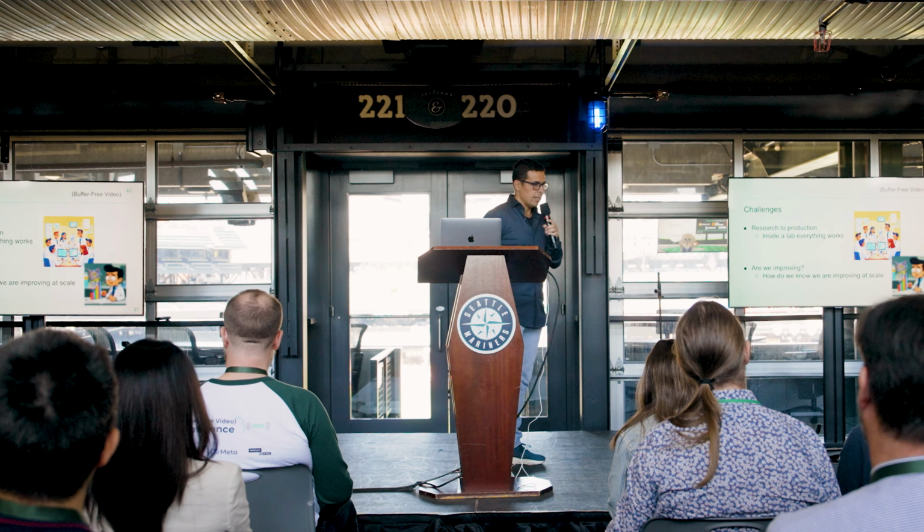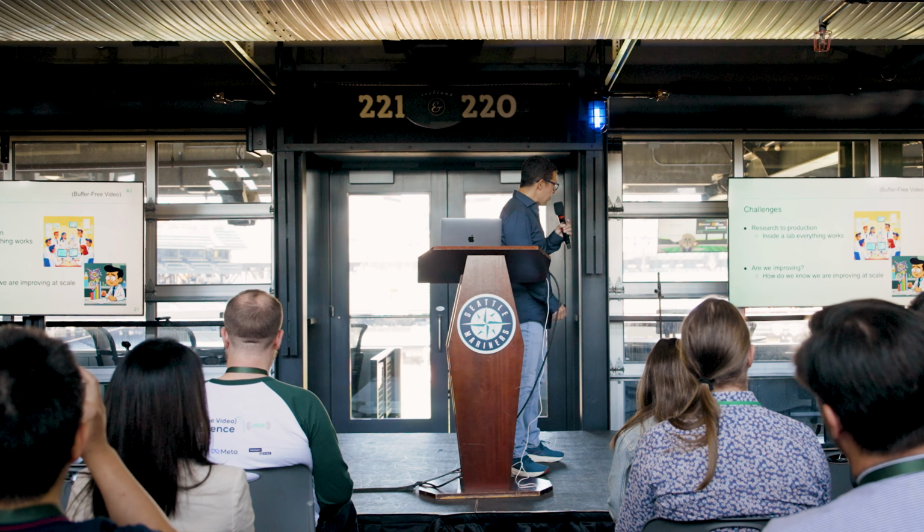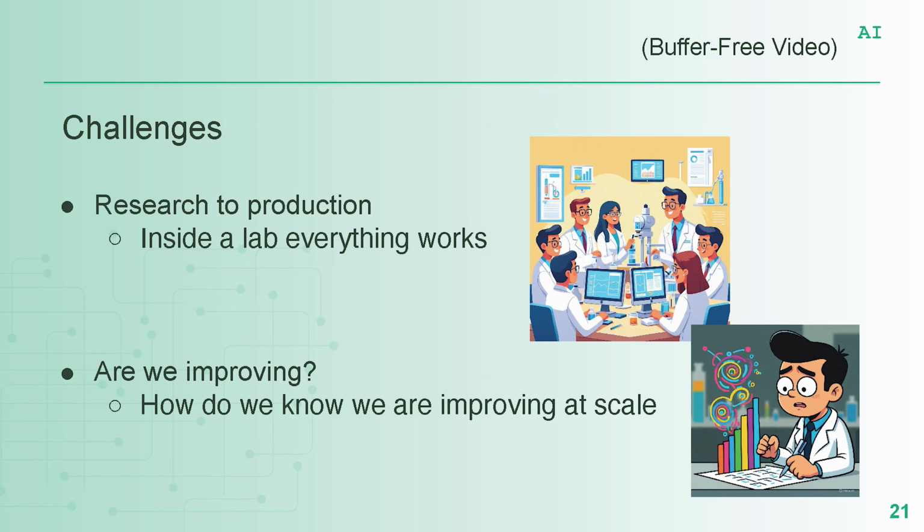And the second one is shocking to see, but that's a question that Chi will be talking about. There's a question that is very difficult to answer when you are developing with these Gen AI models: are we improving?